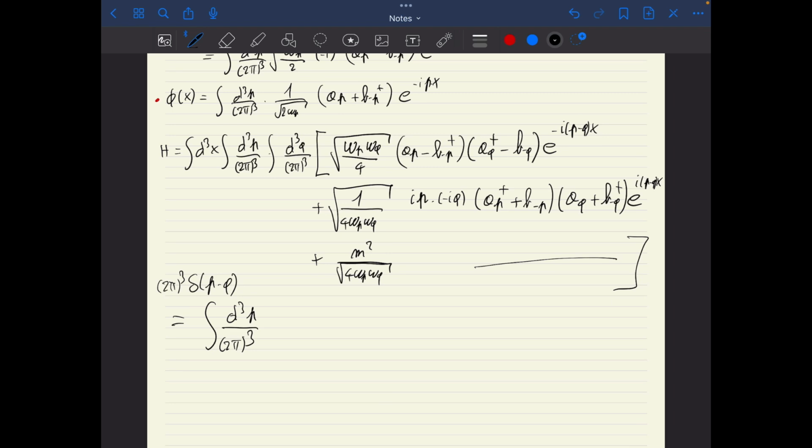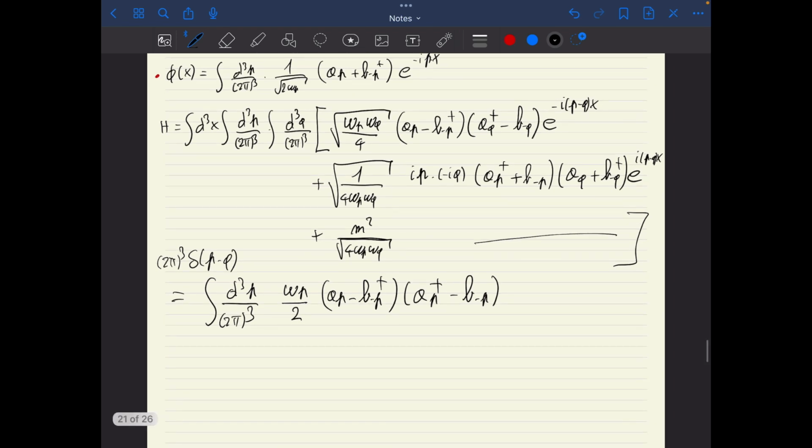So here we have ω_p over 2 times this operator here, so (a_p − b†_{−p})(a_p − b_{−p}). And the second term, as I said, this term is the same, so we can actually factorize that. This is just now p squared, and p squared plus m squared is actually ω_p squared.